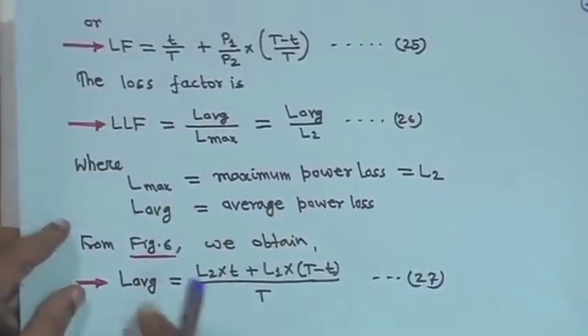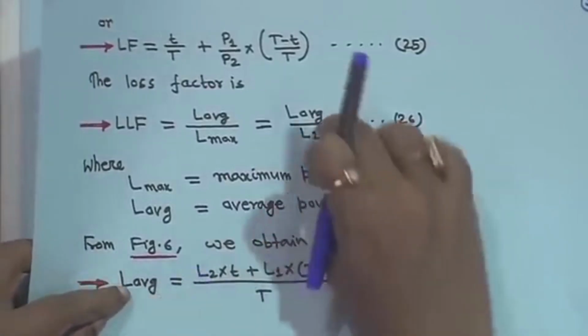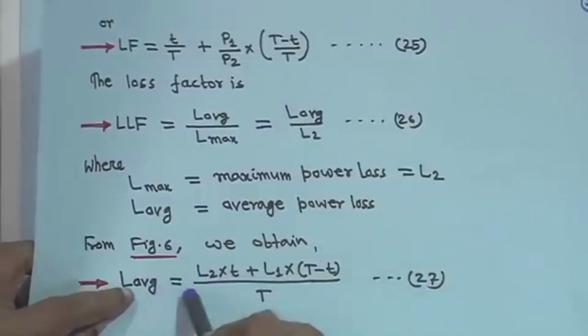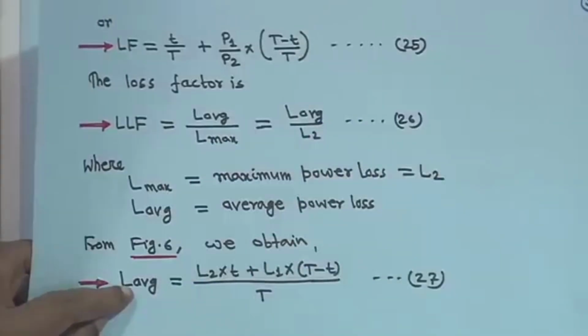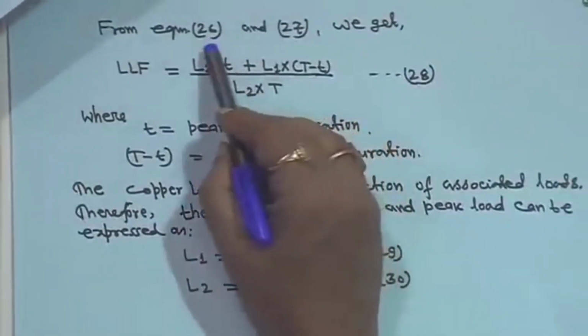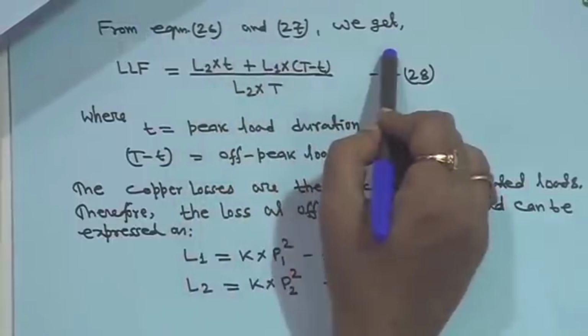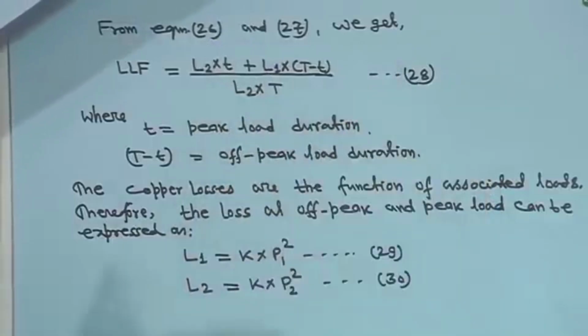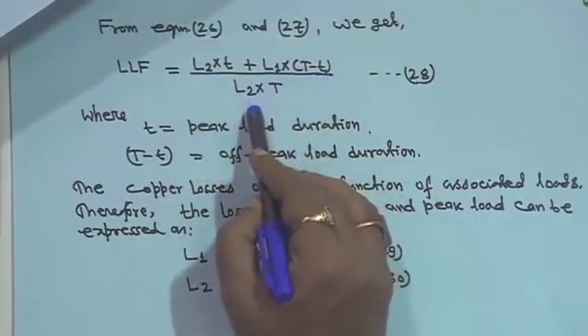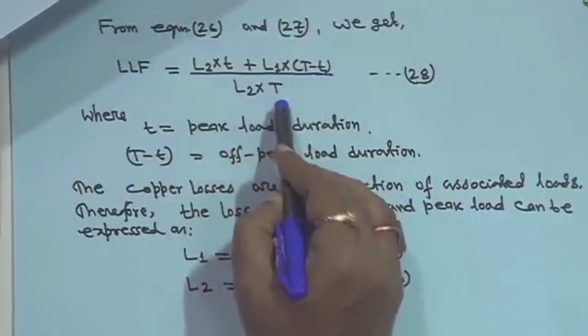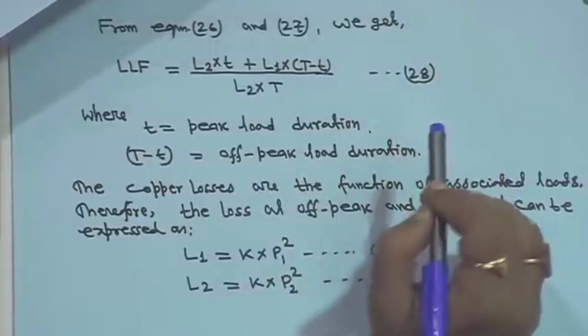Similarly, this loss also you can write. This L average expression you substitute in equation 26. If you substitute here, then from equations 26 and 27, we get LLF is equal to L2 into t plus L1 into T minus t divided by L2 into T, same as before. So, this is 28, right.